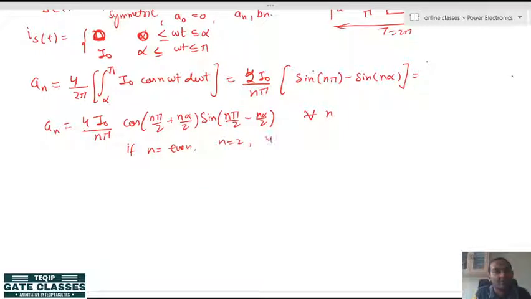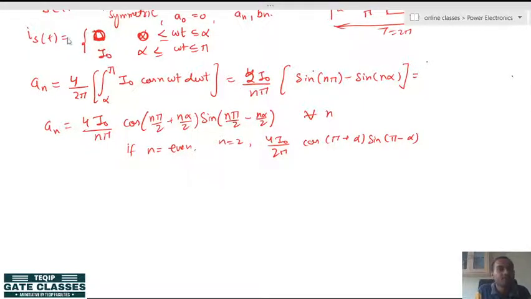It will become 4 I naught upon 2 pi, cos pi plus alpha, sin pi minus alpha. I hope I have written the formula correctly. Anyway, it cannot be generalized here now, so I am not generalizing it.